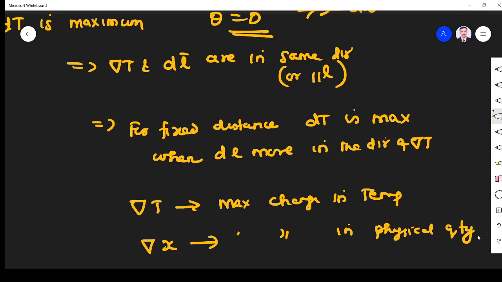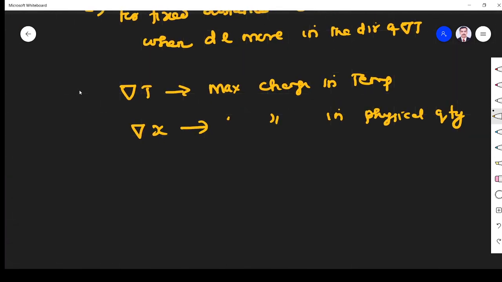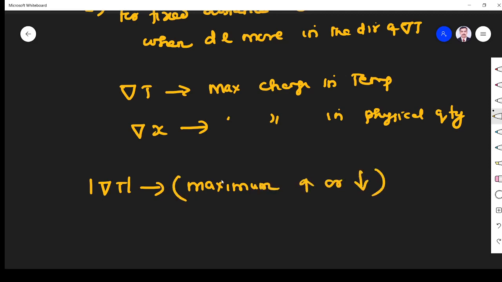Okay, and it is a vector quantity, right? So we know the direction of the gradient and the magnitude of the gradient. The magnitude of the gradient gives the maximum increase or maximum decrease, right?